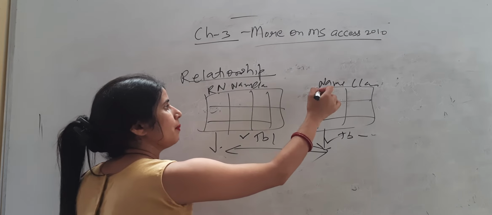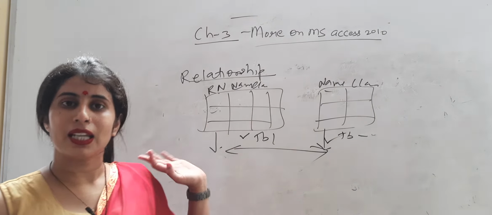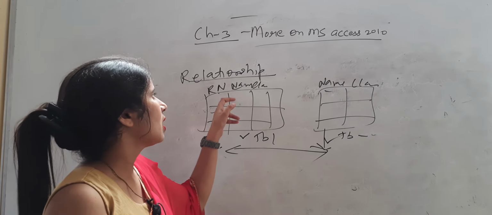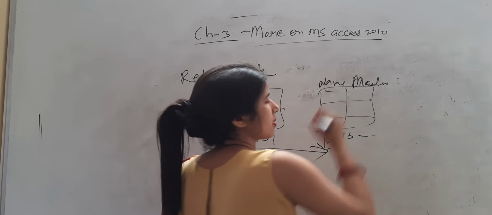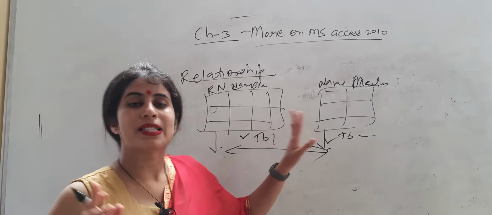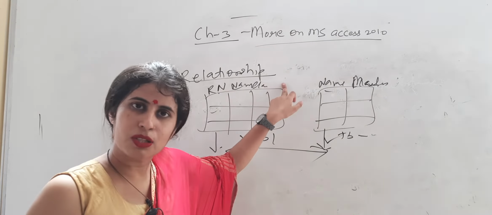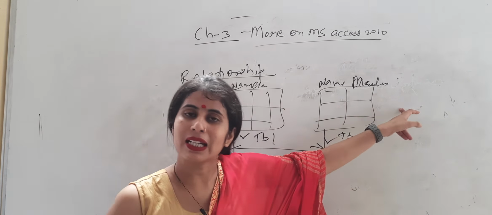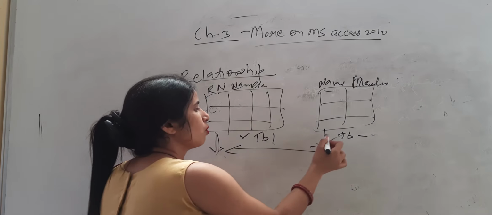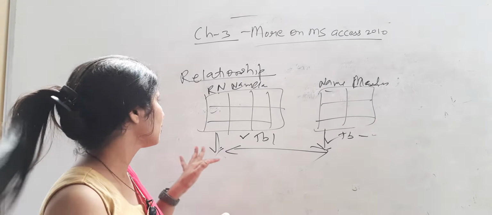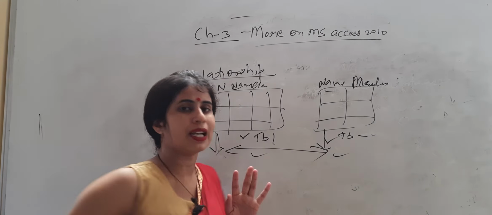Suppose roll number and name are here and here. Here I have written roll number, name, class. Here I have written, suppose, marks. Okay, tables are two. So with the help of the first table, I can get the class only. With the help of the second table, I can get the marks. So if I keep one field common in both of the tables, with the help of these two tables, I can combine the data of the first table and second table.